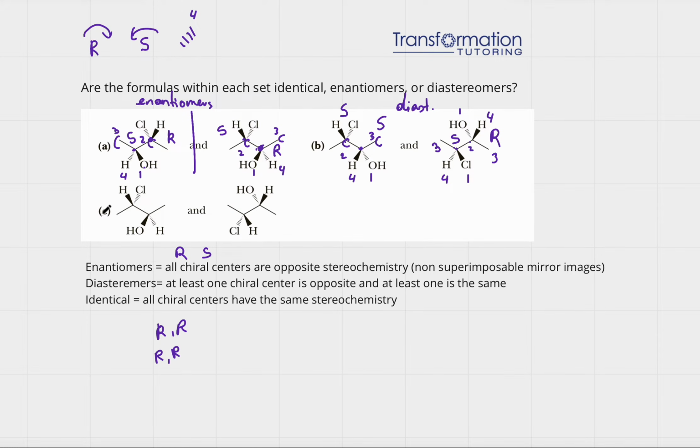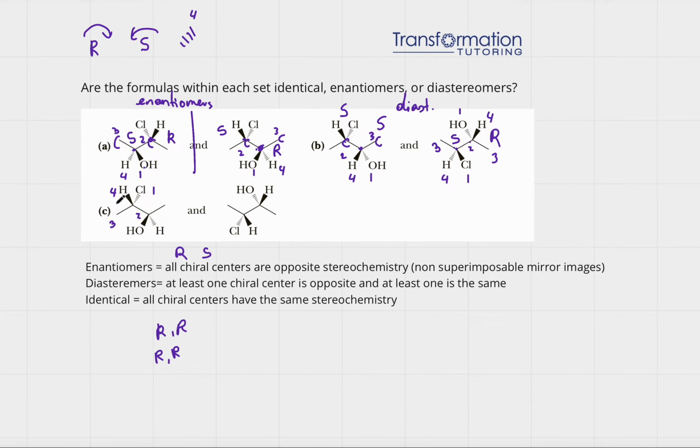Let's look at part C. This is 4, 1, this is 2, and 3. They all have the same substituents, so it gets easier numbering them. So 1 to 3, it looks like it's going to the right. However, my hydrogen is not on a dash, so I have to switch it.